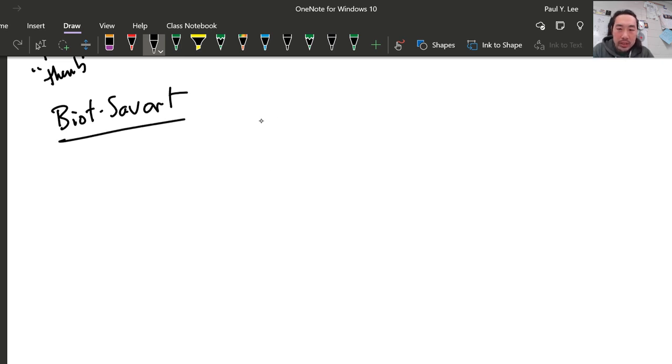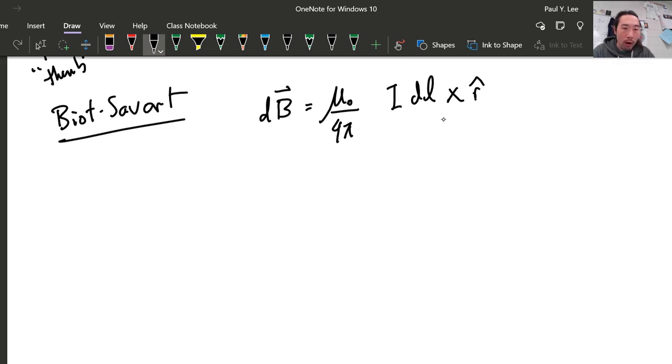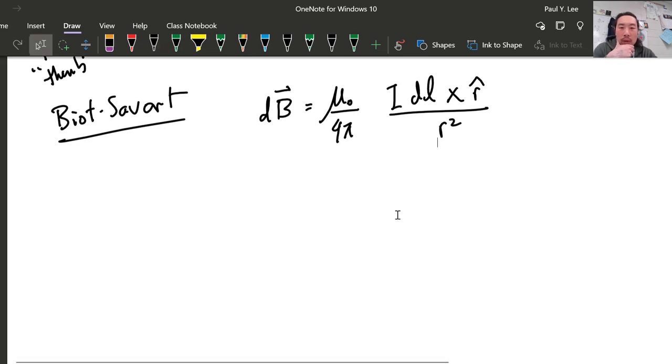Let's write down the formula first. We have dB, or a small chunk of a magnetic field, which can be determined by the magnetic permeability mu naught, I dl cross product r hat, all divided by r squared.